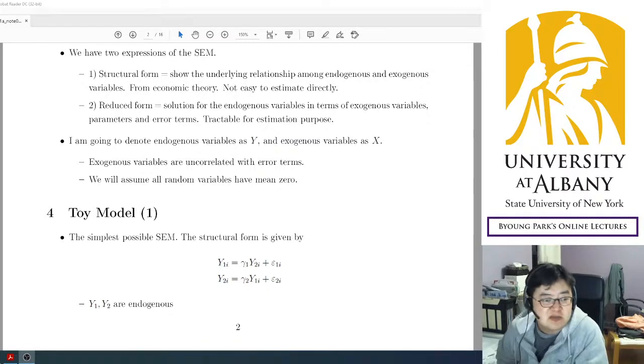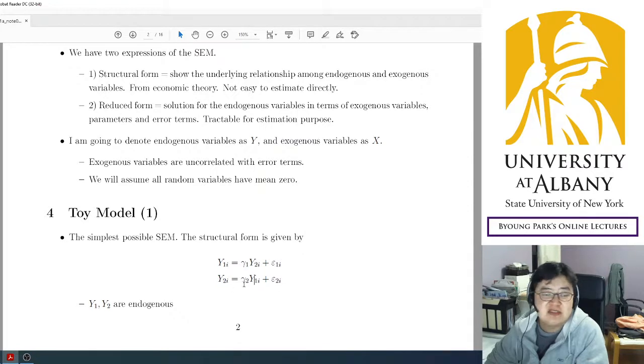The simplest possible example of the simultaneous equations model is a 2 by 2 model like this. There are two endogenous variables, y1 and y2, and y1 is determined by y2, y2 is determined by y1.